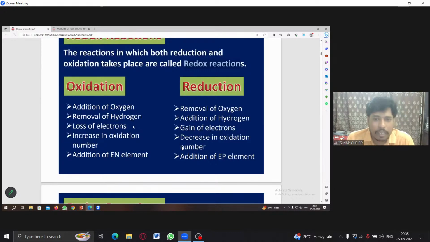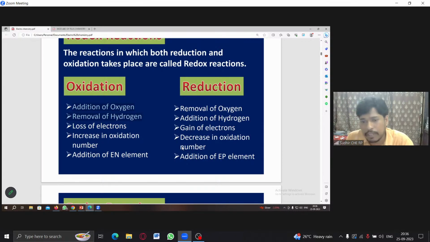Next, we need to understand what exactly is meant by the oxidation and reduction processes. So now, if I ask what is meant by oxidation and what is meant by reduction, these are the possible statements I have listed out. At a basic level, we define oxidation and reduction with respect to only the addition of hydrogen or removal of oxygen, that is, with respect to hydrogen and oxygen elements only.